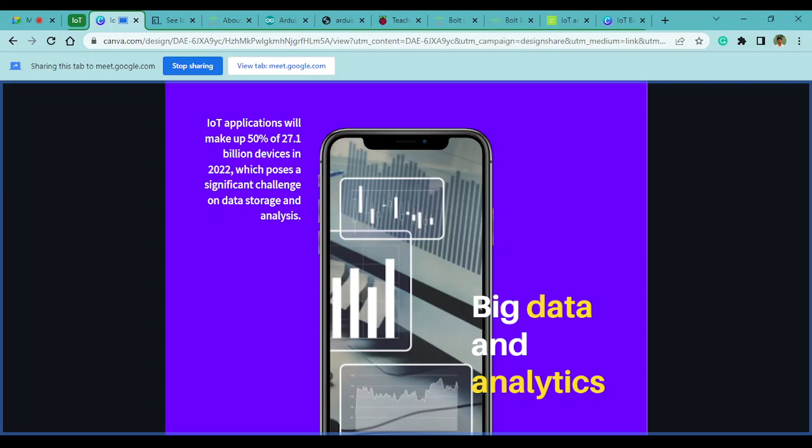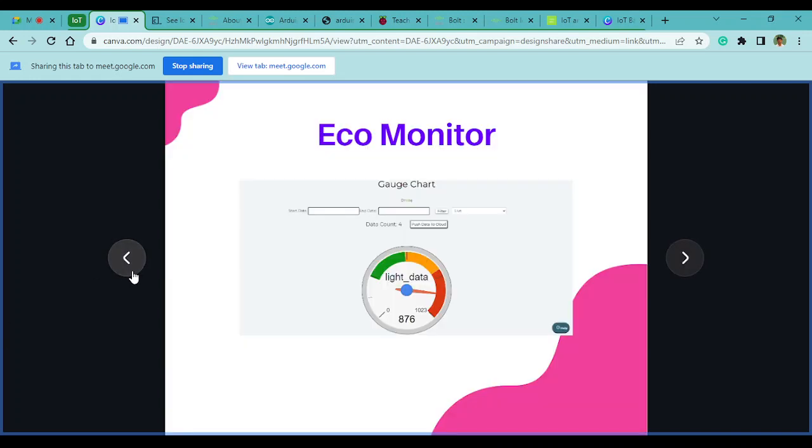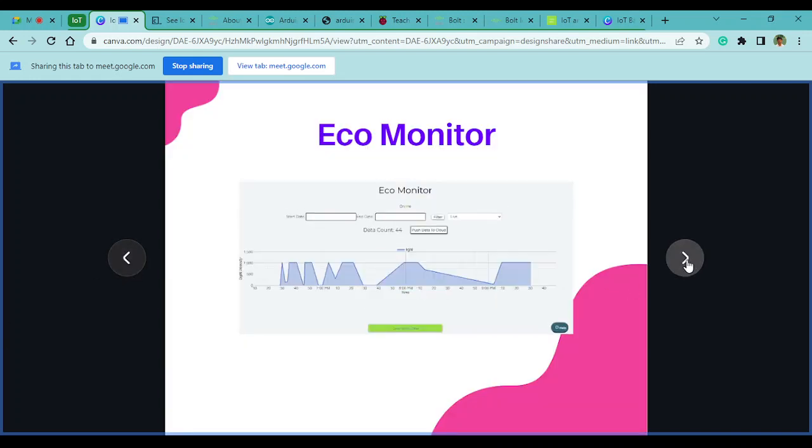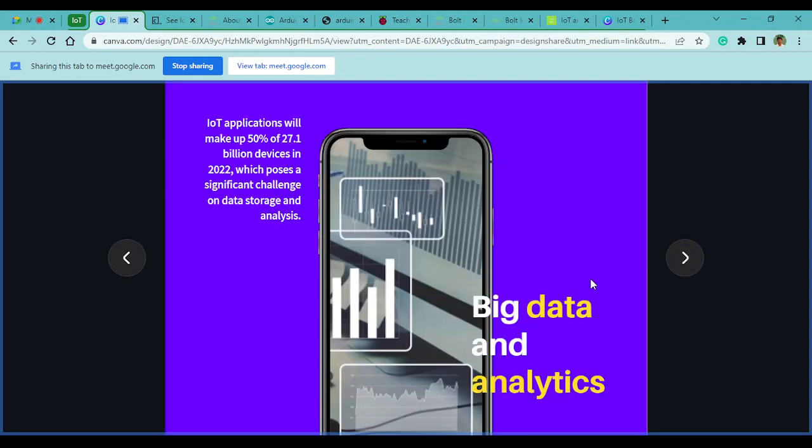As you see in my previous projects, I collected similar data and used some programming concepts. Any programming language can be used to analyze this data, visualize it, and bring insights from it, right? This is exactly why IoT is very useful. Let's say one of the applications we discussed, the light detecting sensor.